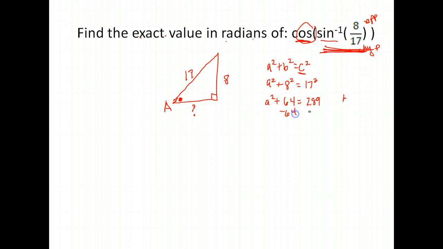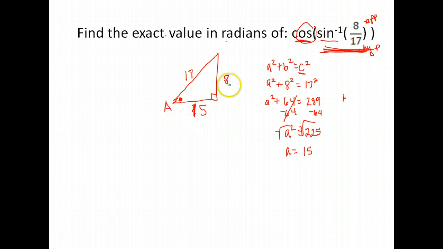We subtract 64 from both sides, and we get a squared is 225. And finally, we take the square root of both sides. We find that our missing leg is 15. So the length of this side here is 15.